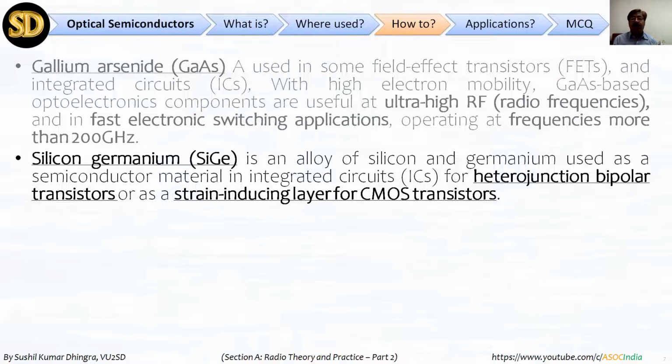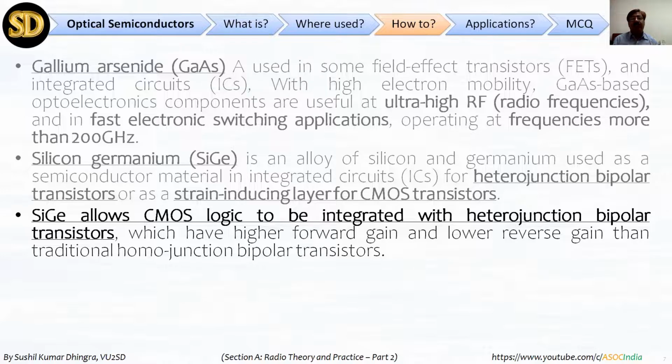And this heterojunction bipolar transistor, or strain inducing layer for CMOS transistor. CMOS, I already told you about such semiconductors. So not going into details, just for your ideas only, because your topic is to pass the ASOC exam. For the ASOC exam, it is slightly higher. So this one you have to learn.